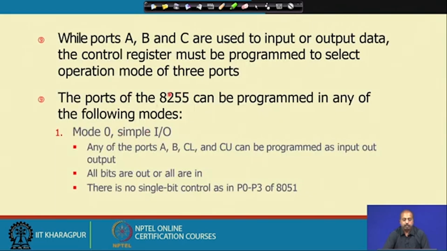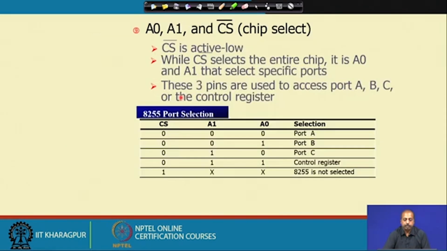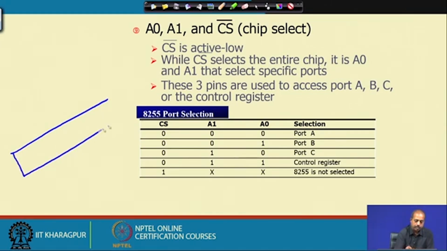I will take an example and try to explain what the port addresses may be. Say I have a 16 bit address, where these two bits are A0 and A1, then the rest of the bits, and this is the bit A15.